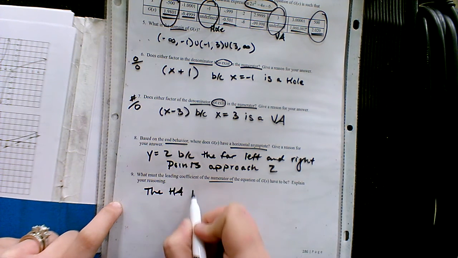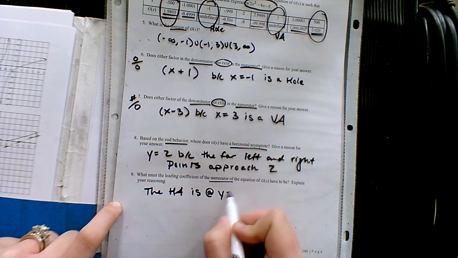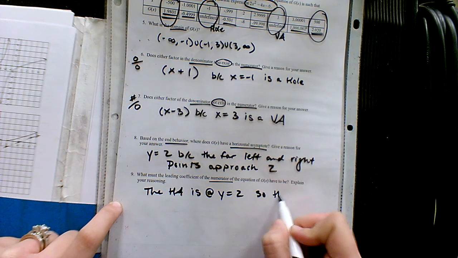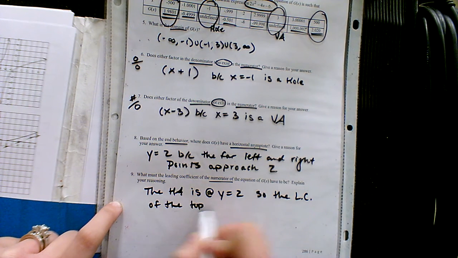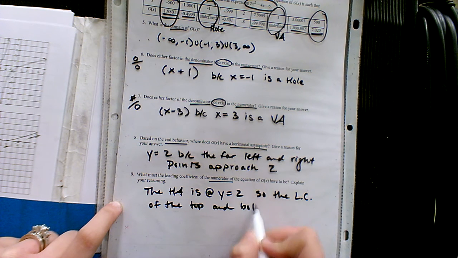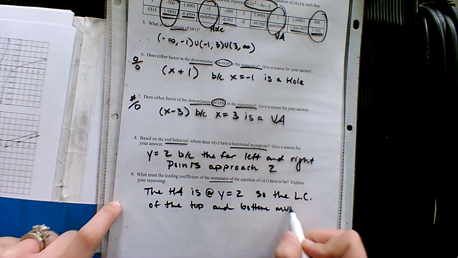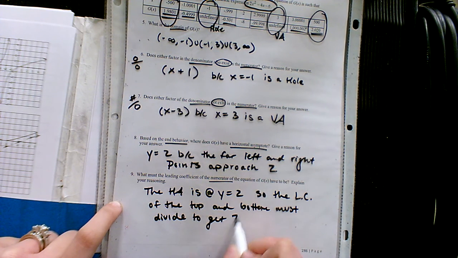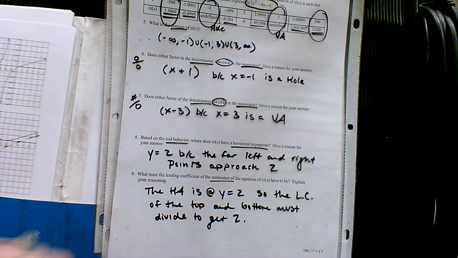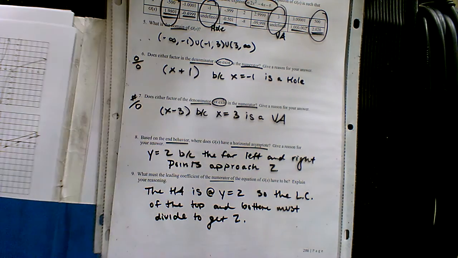The horizontal asymptote is at y equals 2. So the leading coefficient of the top and bottom must divide to get 2. So how did that lead you into 4?